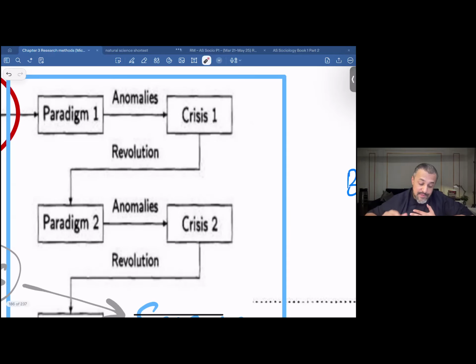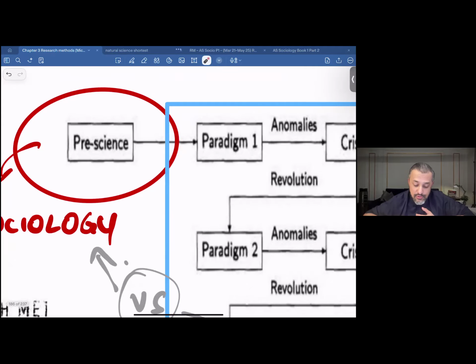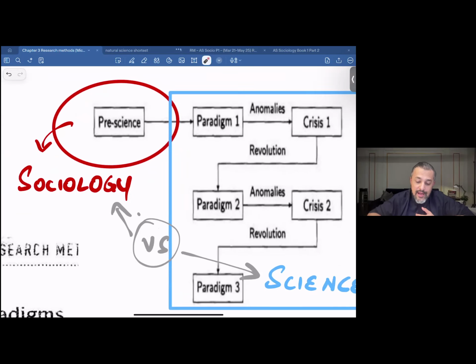However, if we speak about sociology, Thomas Kuhn claims sociology isn't there as yet.